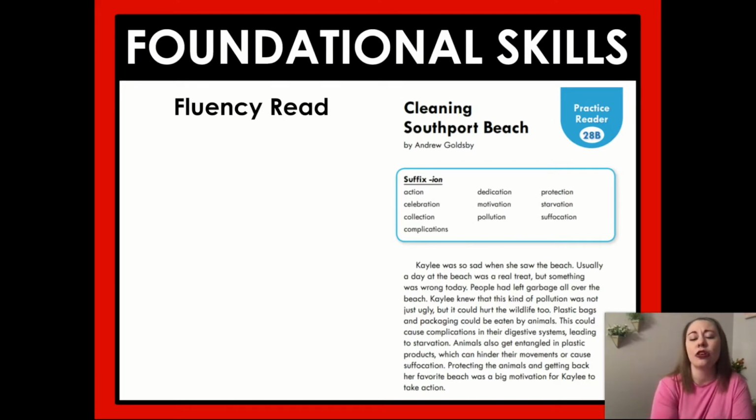The fluency read that you have today is called Cleaning Southport Beach. Make sure that when you are doing these fluency reads, you make your reading nice and smooth, pausing at commas and at the periods at the ends of sentences, and really focusing on reading the words correctly. This is not a speed read, my friends.